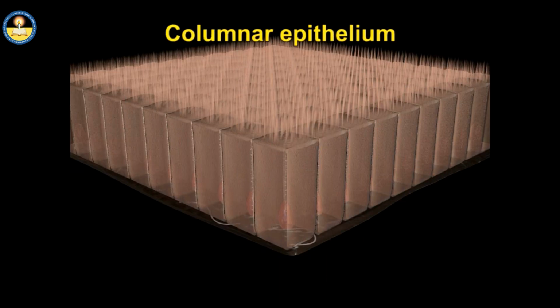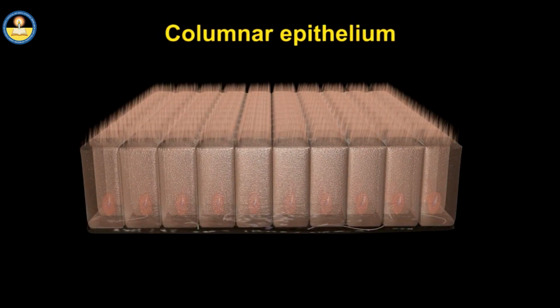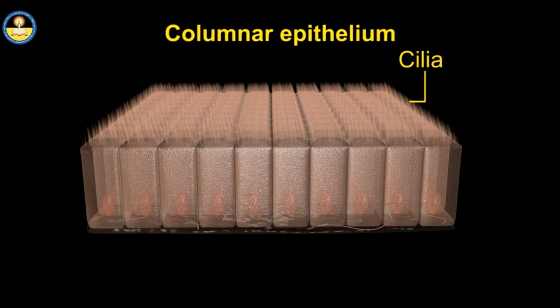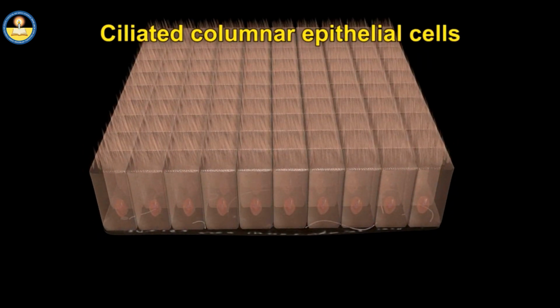There are certain organs in our body where columnar epithelium is lined by very fine cilia and thus known as ciliated columnar epithelial cells.